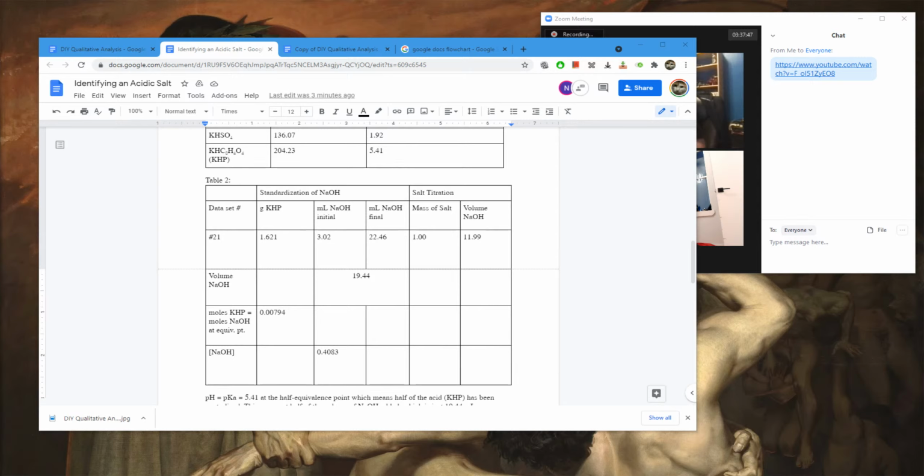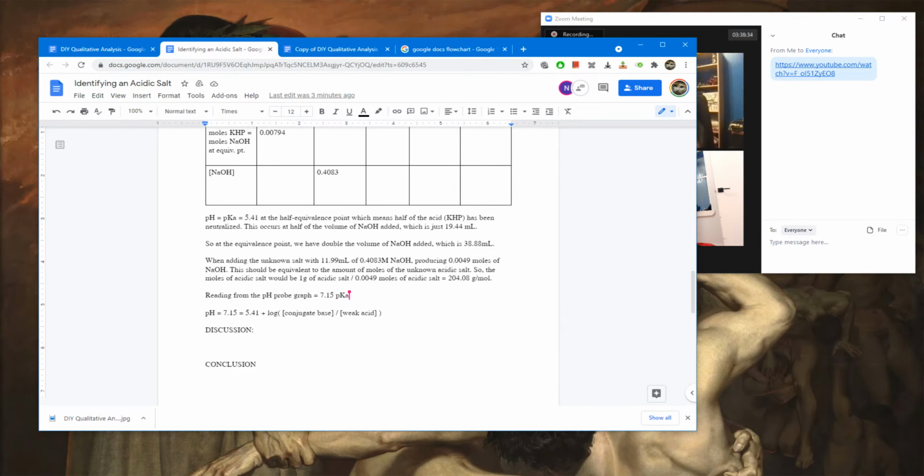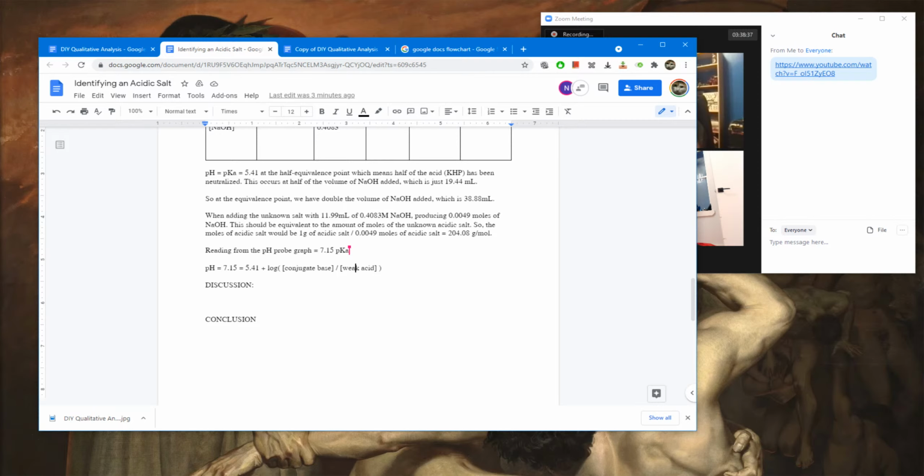Concentration of that times that. Wait. I don't even know if we need to know that. I think we got everything that they want.